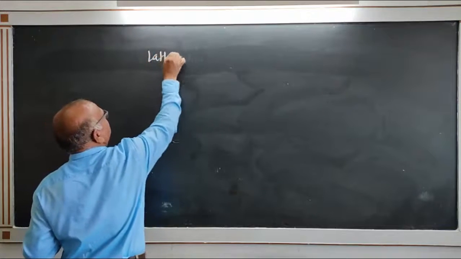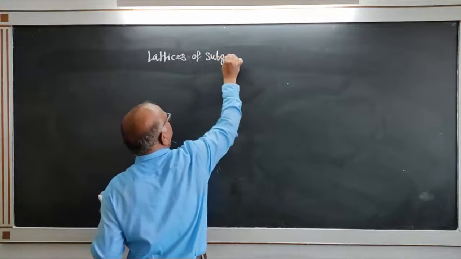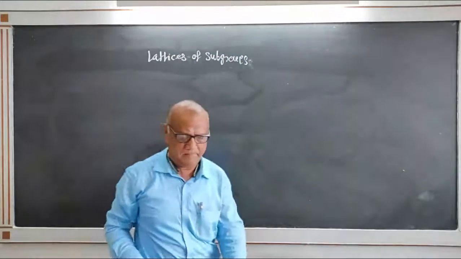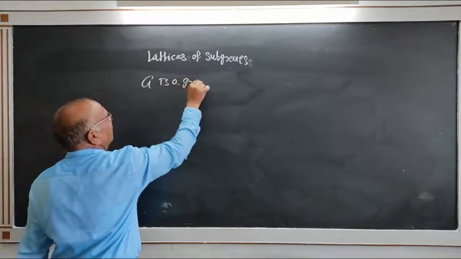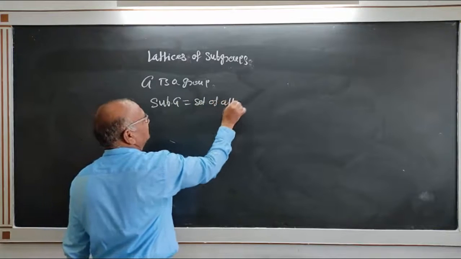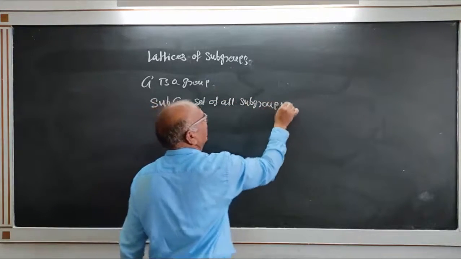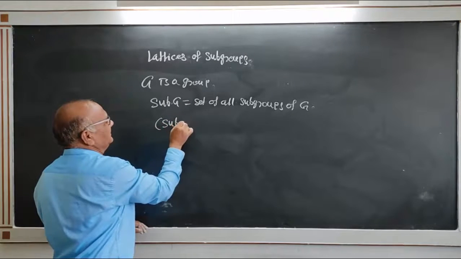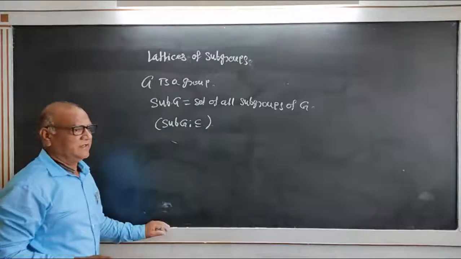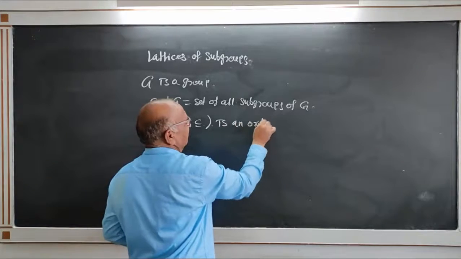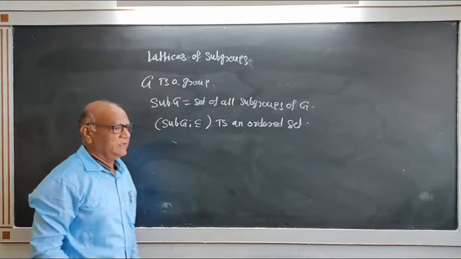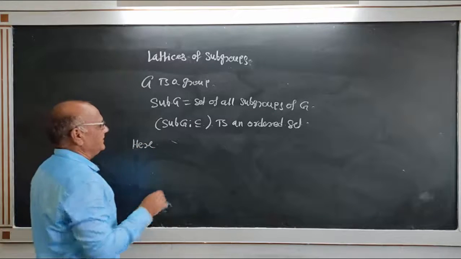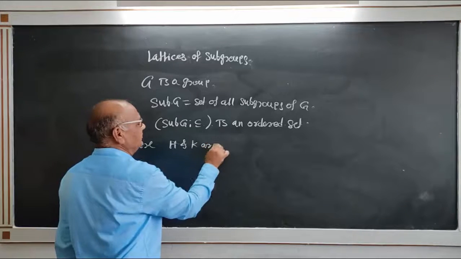Lattices of subgroups. G is a group. Sub G, the set of all subgroups of G, under inclusion is an ordered set.